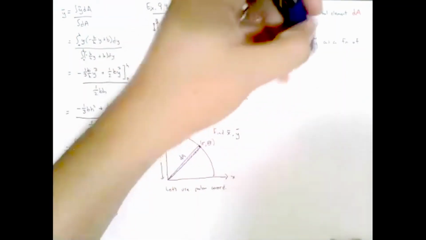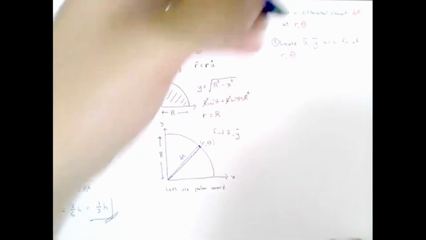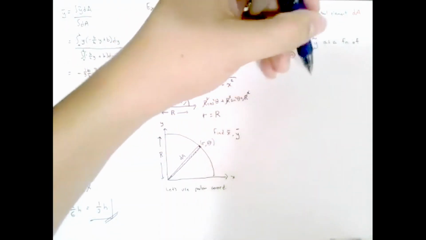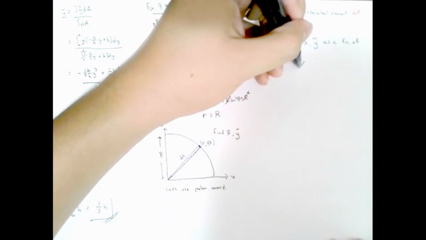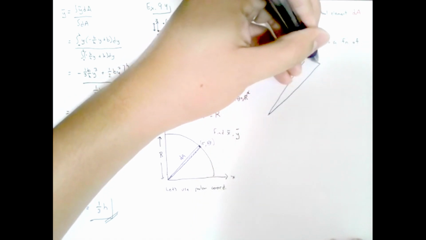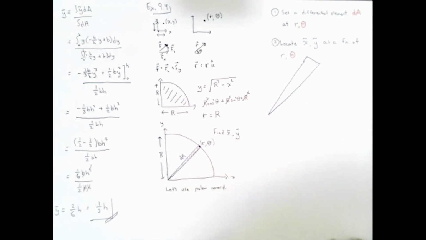So let's see what that looks like. First off, let's look at this triangular element that I've drawn. I'm gonna blow it up here, I'm gonna exaggerate its dimensions. But essentially my element looks like this really, really small triangle. It's so small that we can't even quantify this area.